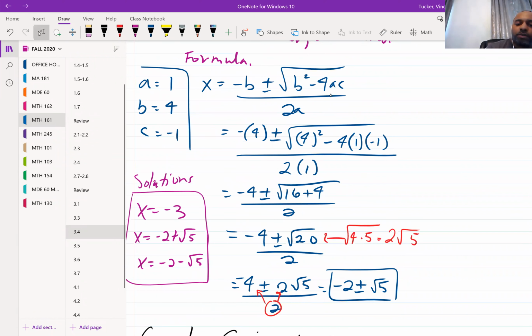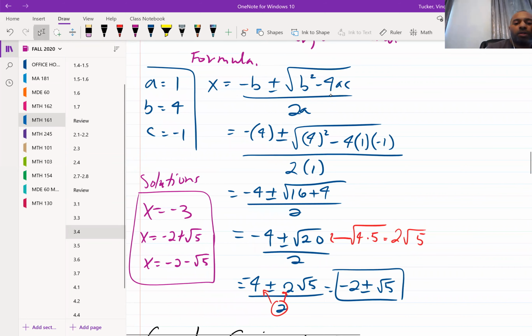Or you can reduce further, taking that 2 into each term. So 4 divided by 2 is 2, and those 2's cancel, leaving me with just square root of 5. And those will be my other 2 solutions. So here are all 3 of our solutions: -3, -2 plus square root of 5, and -2 minus square root of 5.